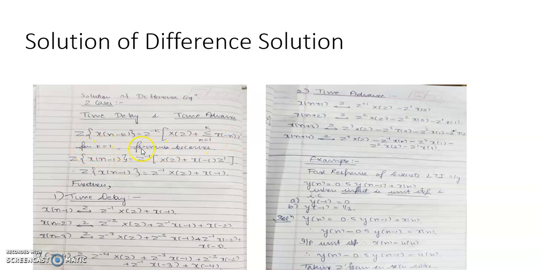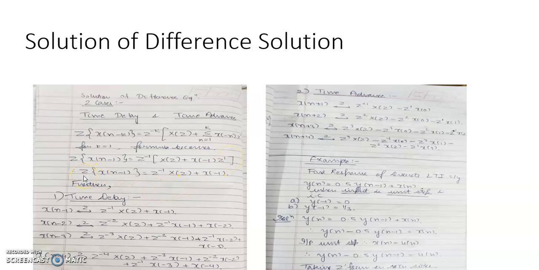For example, taking the value of k as unity, that is 1, the formula becomes x of n minus 1: z to the power minus 1 X of z plus x of minus 1 z to the power 1, because it was z to the power n. I have replaced minus n by minus 1 and z to the power n by z to the power 1.